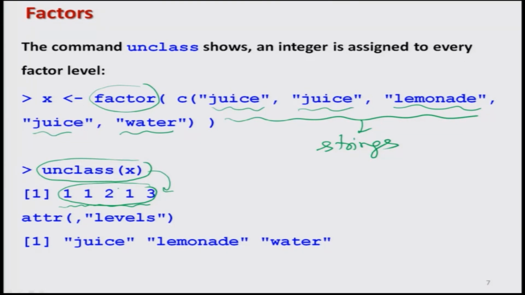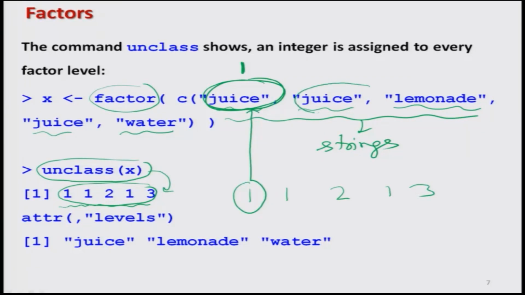So, if you try to see what R has done in this output 11213, this juice has been classified as number 1. This is the code given to the word juice, number 1. And so, the first value here is 1. If you try to see here 1, 1, 2, 1, 3, this is my output, and the first one is going over here. Now, the next observation is again juice, so the code is going to be 1. This is the same code here.